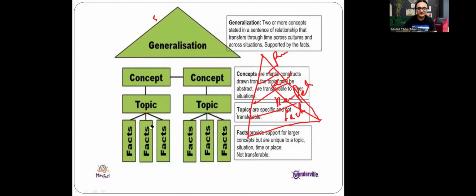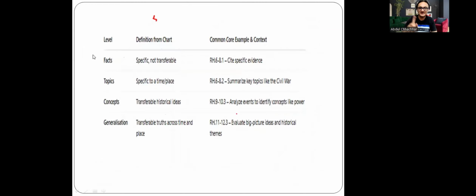If you have a related question, please don't hesitate to ask. Now, this is the bottom to top approach. Facts are the objects, topics, concepts, and generalization. So when we are teaching, we start from here. But when we are designing the curriculum, we start from here.